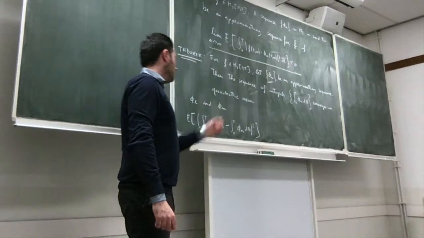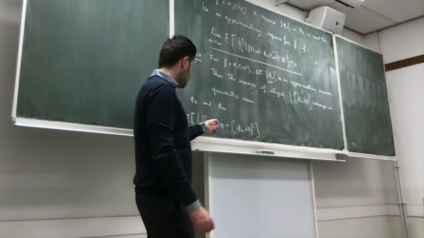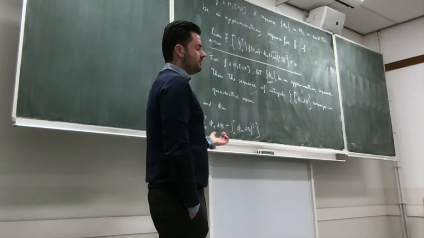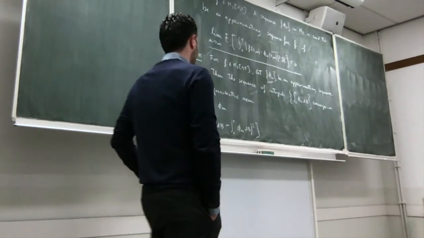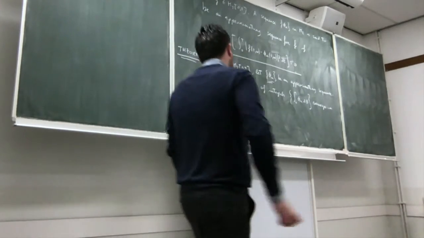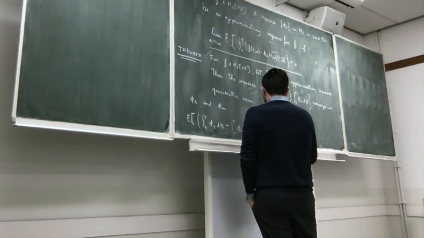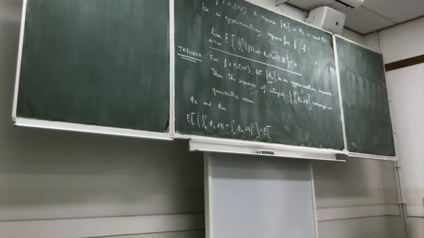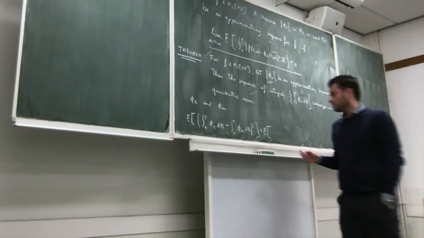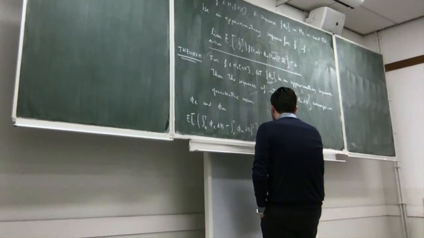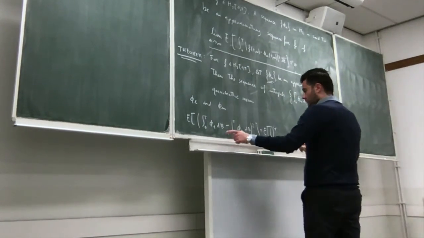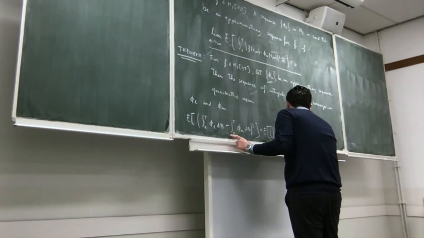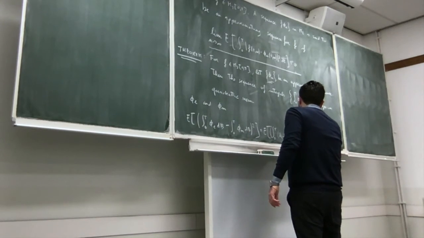If I prove that, essentially I have my theorem. So let's take two different elements of my sequence and define the expectation of the integral of phi L dB minus the integral of phi m dB. Now, using the properties of the Ito integral, I can immediately shrink the two integrals into just one integral: the integral between 0 and t of phi L minus phi m dB, everything squared.